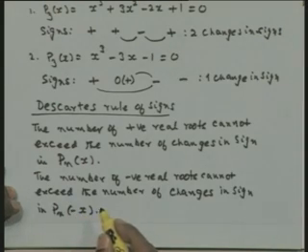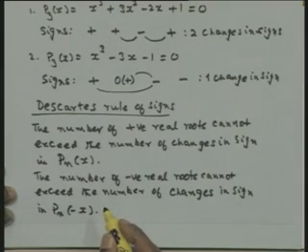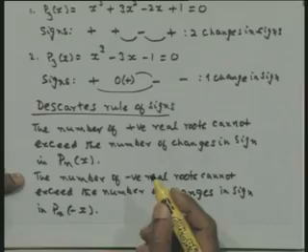For example, if a polynomial has 5 changes in sign in Pn of x, then it will say it may have 5 real roots. Since the complex roots can occur in pairs, we can say that all the 5 are real, or 1 real and 4 complex, that is 2 complex pairs, or 3 real and 1 complex pair.